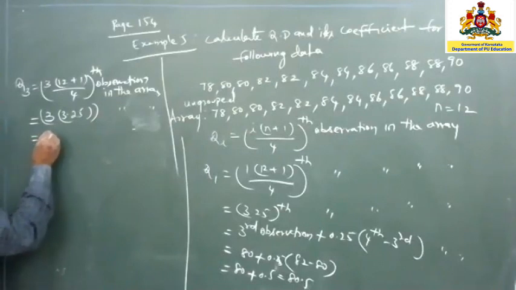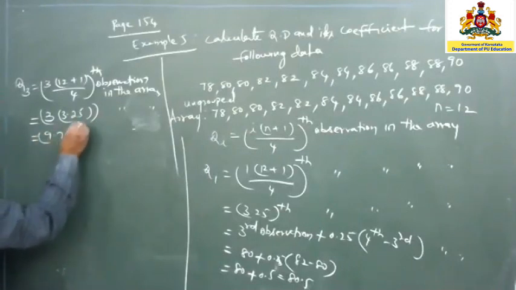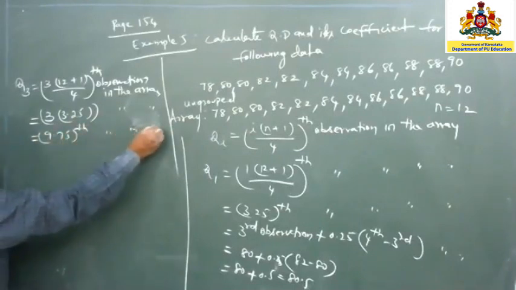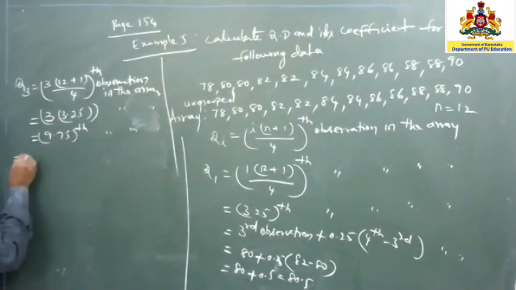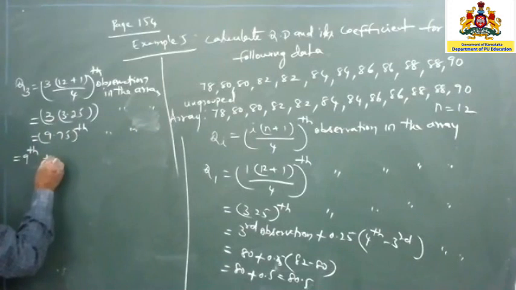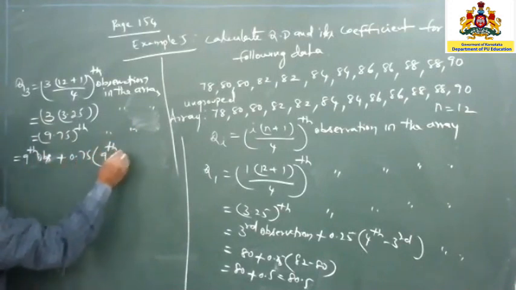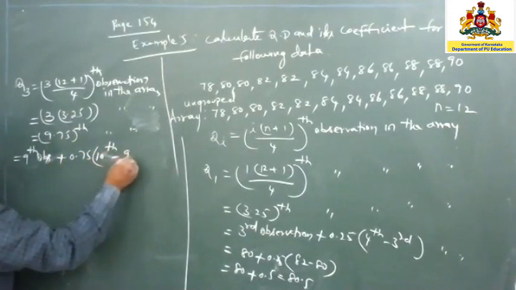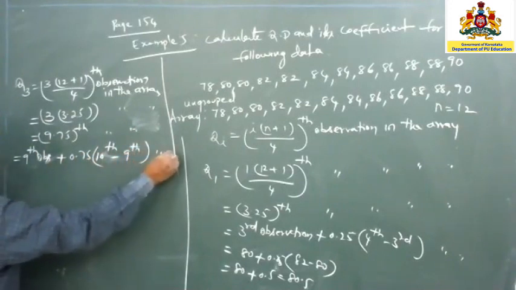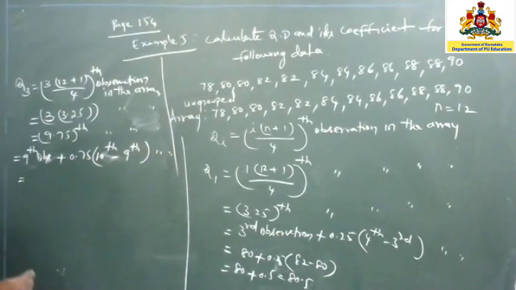So the ninth observation plus 0.75 into (10th observation minus ninth observation).